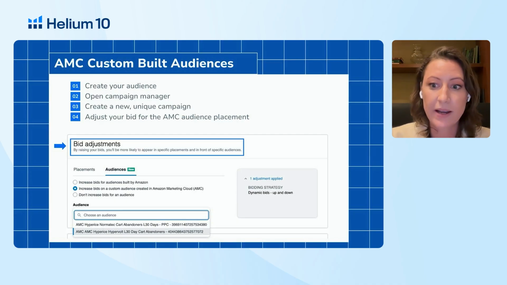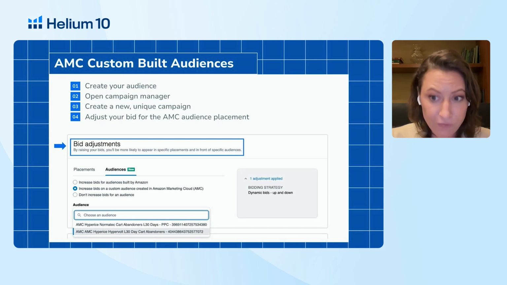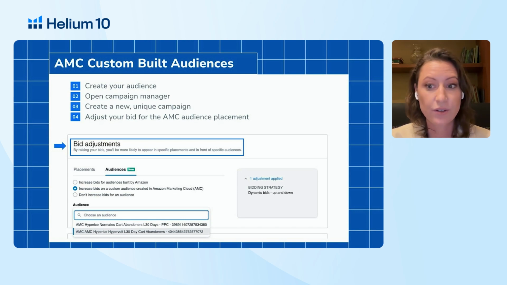So, Nicholas, this is back to your point. If someone's searching your number one keyword, they're looking to purchase. If they went to Amazon and typed in dog food, they're looking to purchase. If you apply an audience to every single campaign, you're making your pool so small that you're more than likely just going to tank your sales. And that's the main issue that you're going to run into.